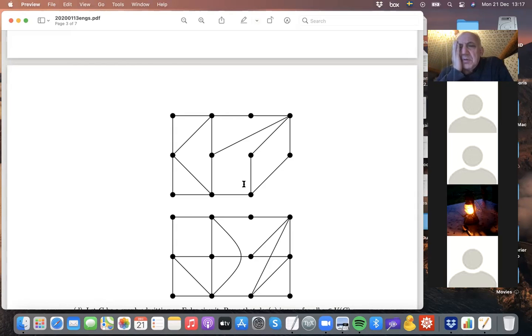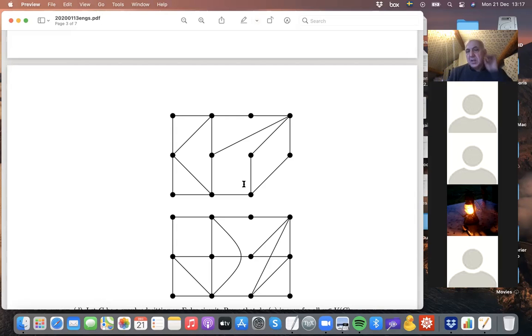I forgot the terminology, I'm sorry. Maybe a circuit can repeat vertices. Maybe Eulerian cycle and Eulerian circuit are the same thing. I don't know, but they were definitely something. The cycle and circuit are not the same, I don't think.